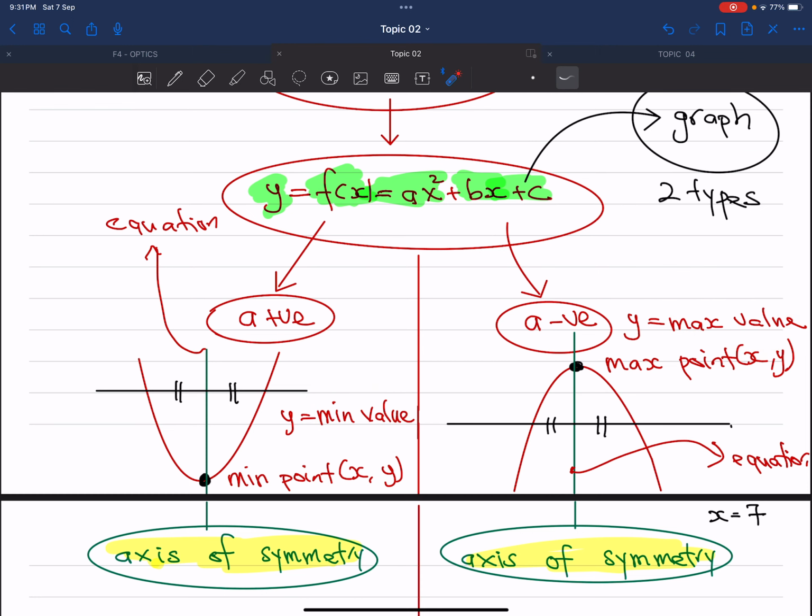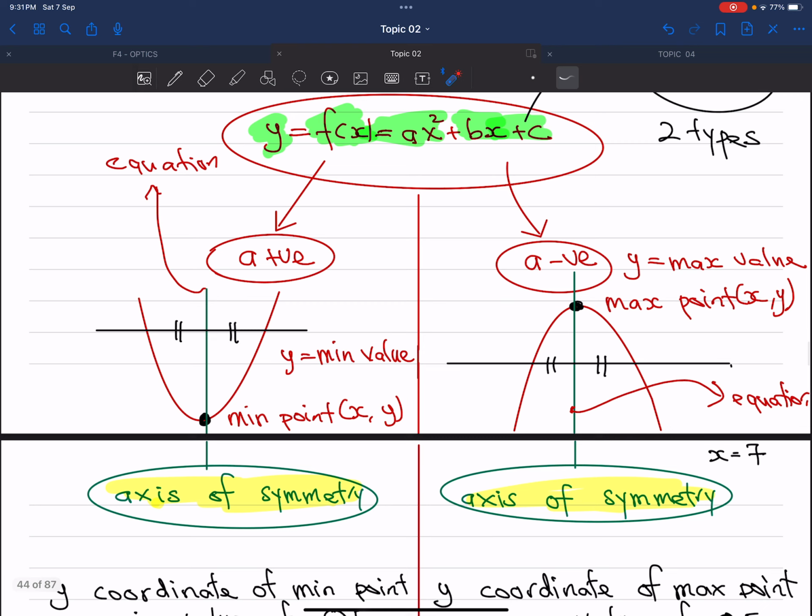Now we look at the x coordinate. The x coordinate of the minimum point or of the maximum point is the equation for the axis of symmetry.